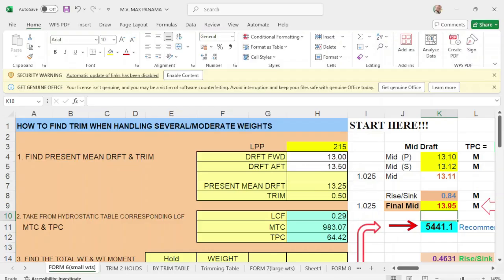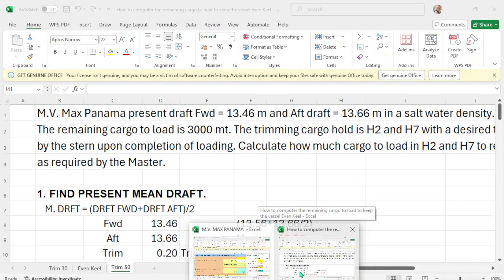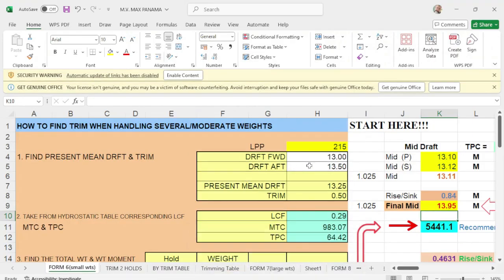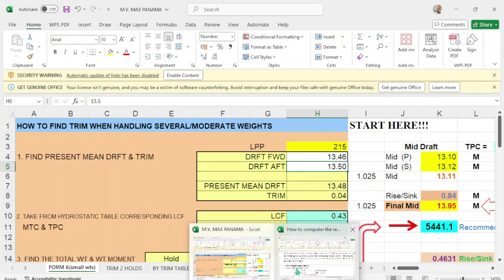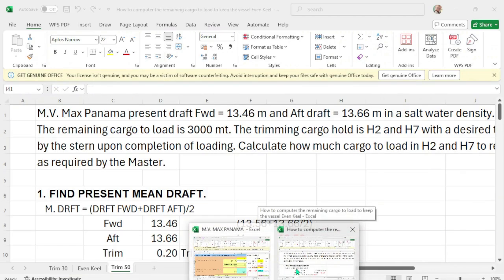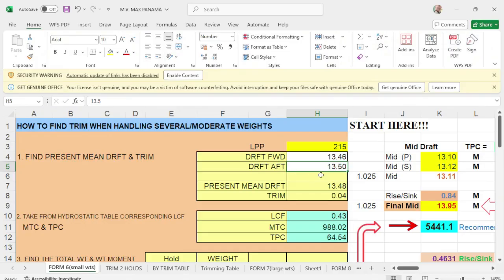Forward is 13.46, and aft draft is 13.66. So put here 13.66. With this initial drop, your present mean drop is 13.56.